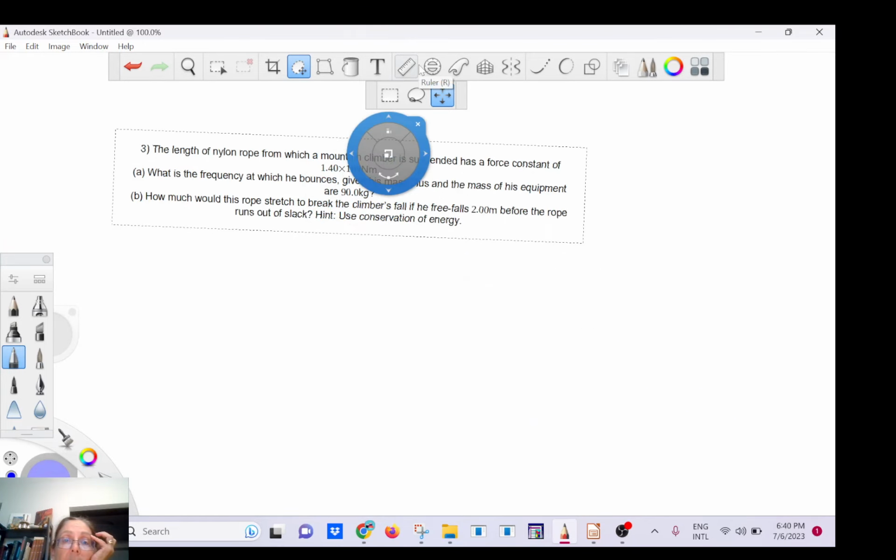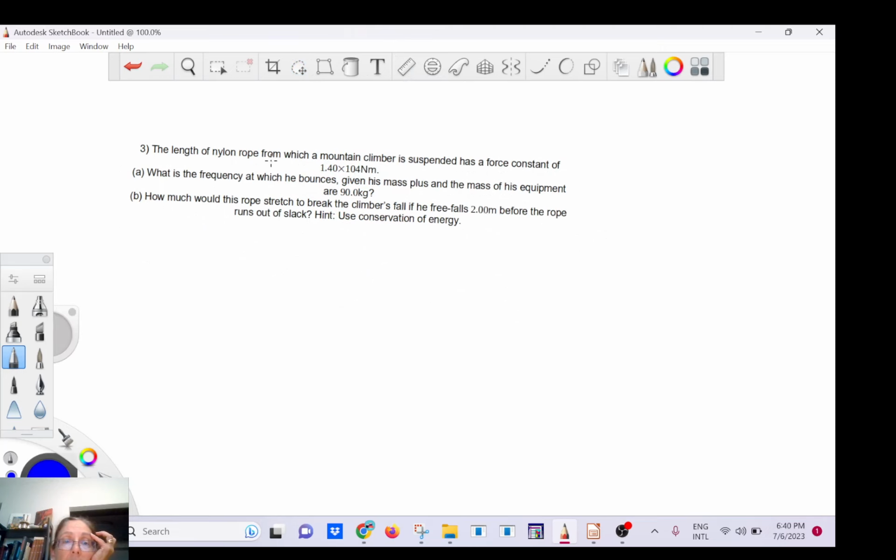So the first question is easy. So it's on the mountain here. And then here that will be the mass. That's going to be the rope here. It's nylon, right?